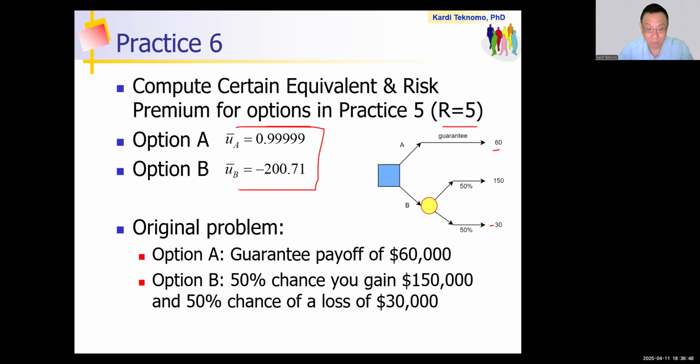I think Win Sanchez was able to show that. So you can use this utility value. From that utility, can you calculate the certain equivalent and risk premium? Is this instruction clear, or is there anything that confuses you? You can ask.